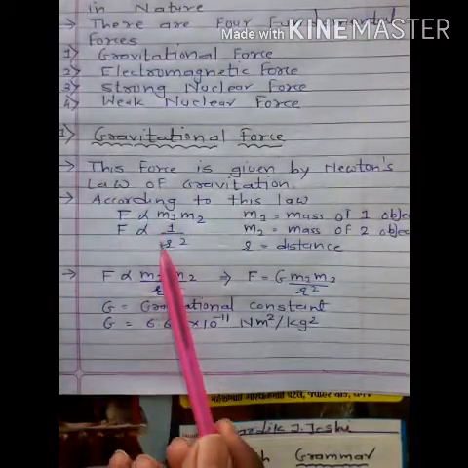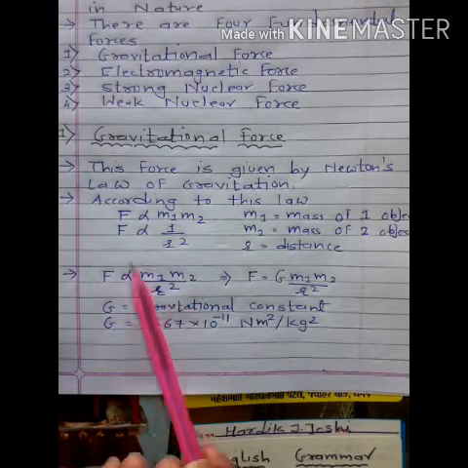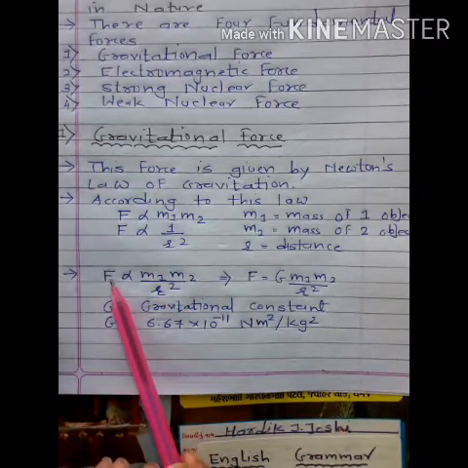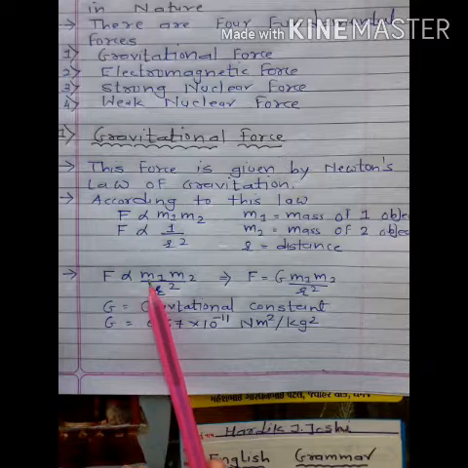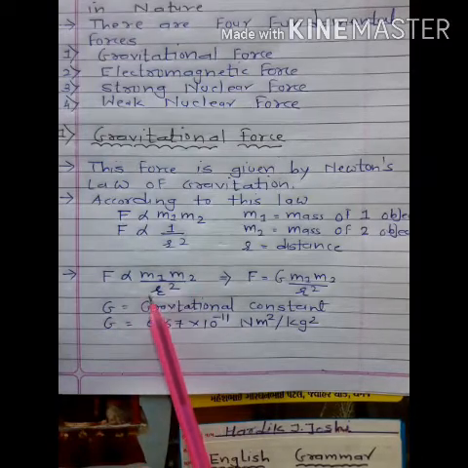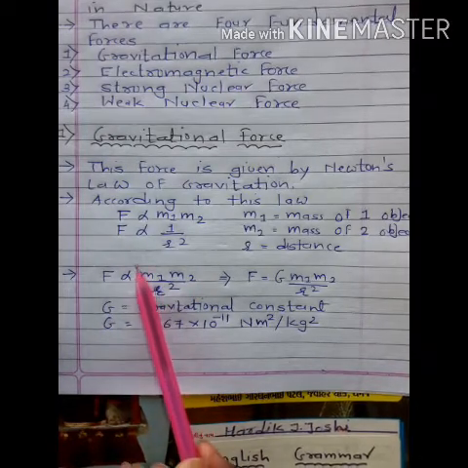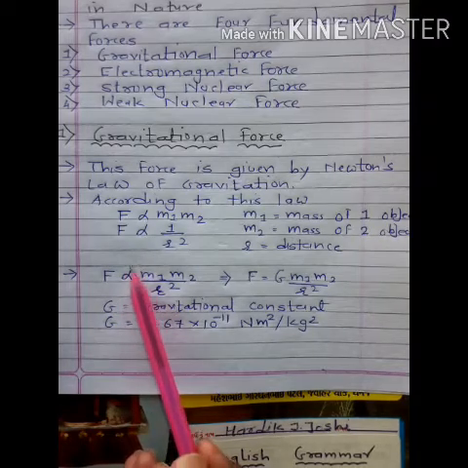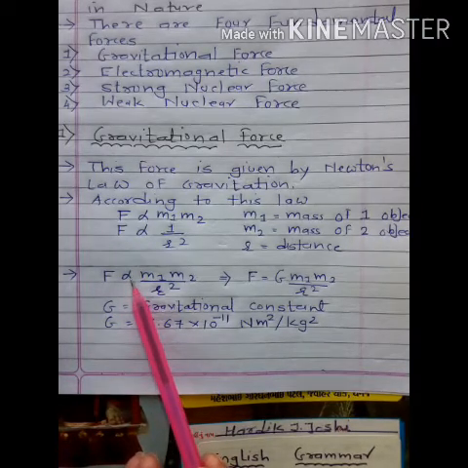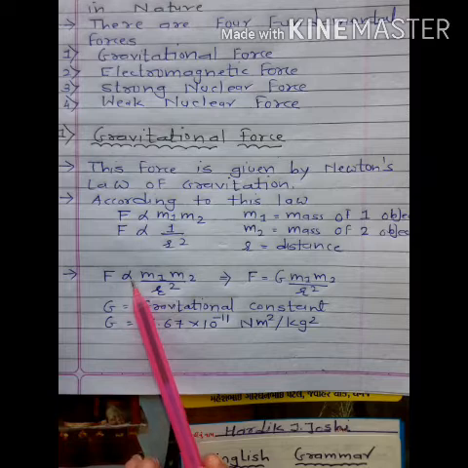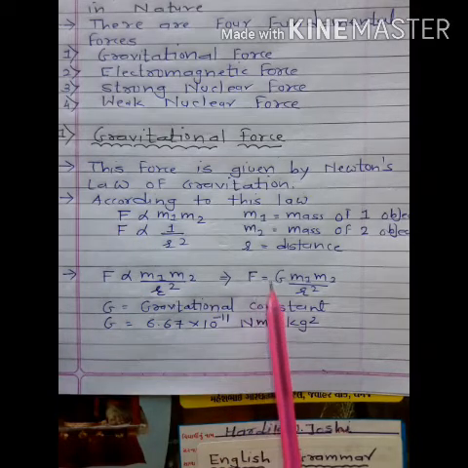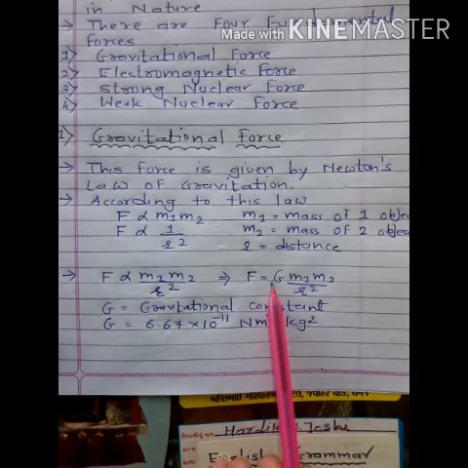If we combine these two relations, then we can say that gravitational force F is directly proportional to m1 m2 upon r square. Now this is our proportionality sign, and whenever we remove the proportionality sign, we have to introduce a proportionality constant. Remember this point.